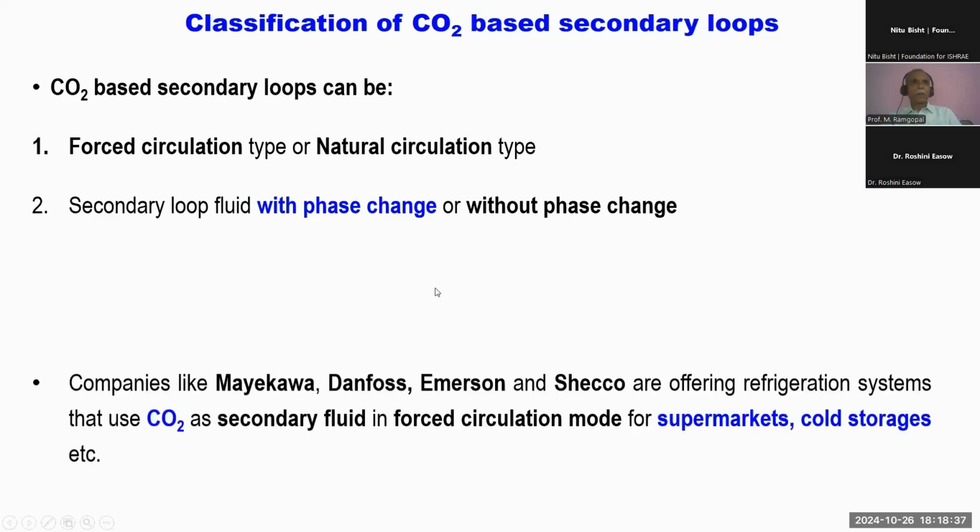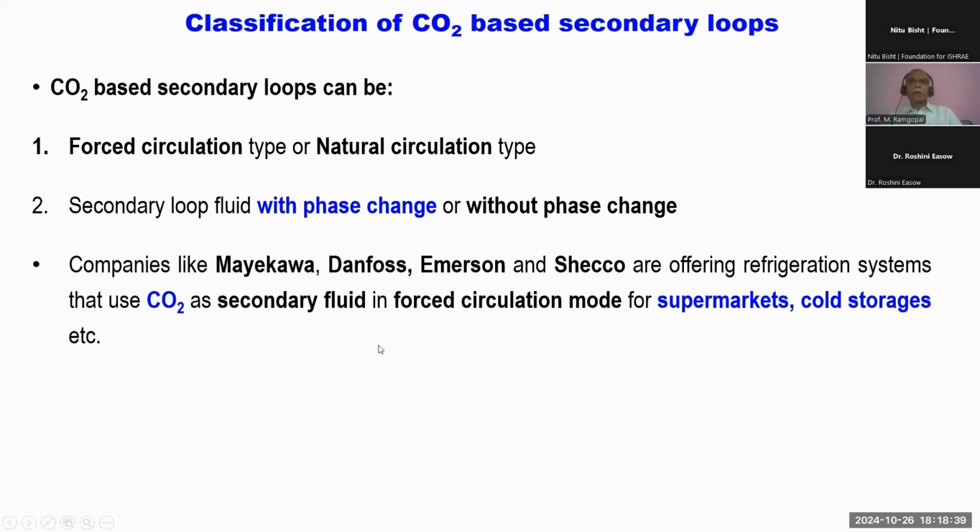And there are companies offering the use of CO2 as a secondary fluid in many applications, as I said, in supermarkets, cold storage, etc. For example, these are the famous companies like Maekawa from Japan, Danfoss, Emerson, and Sheco. These are the companies which are offering refrigeration systems where CO2 is used as a secondary fluid in forced circulation mode.